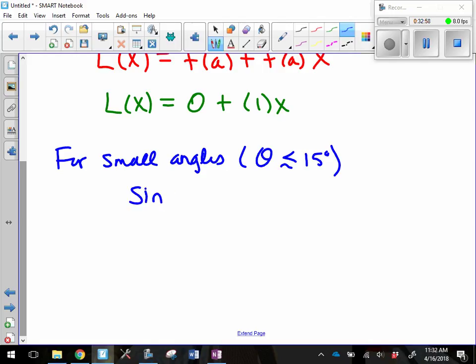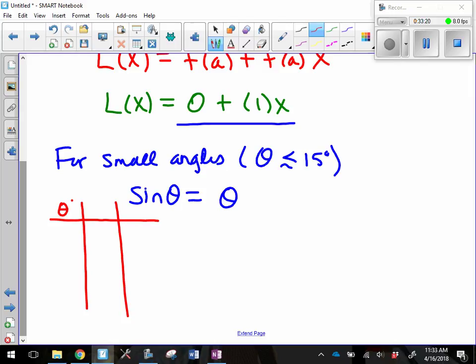I can say that the sine of theta behaves like this. And we'll do like one or two.